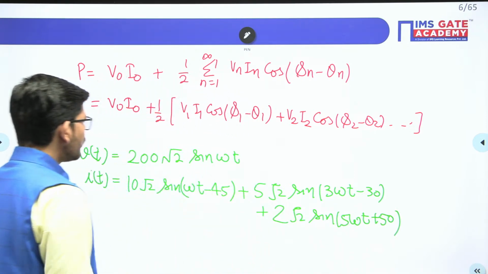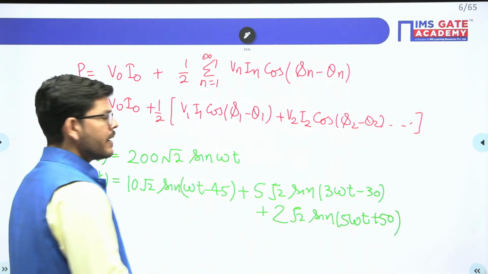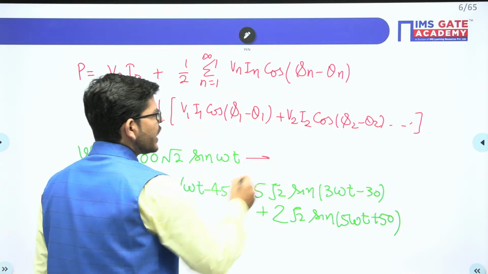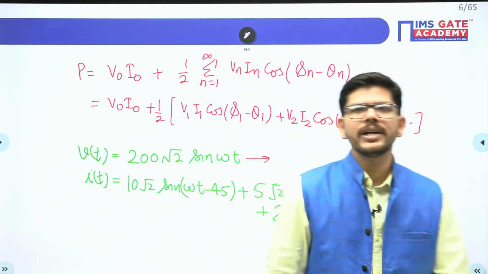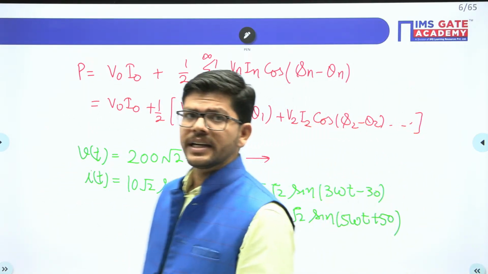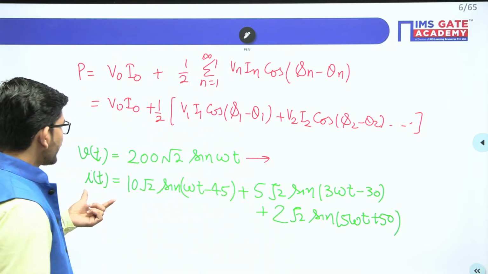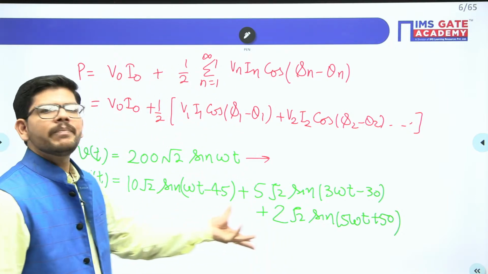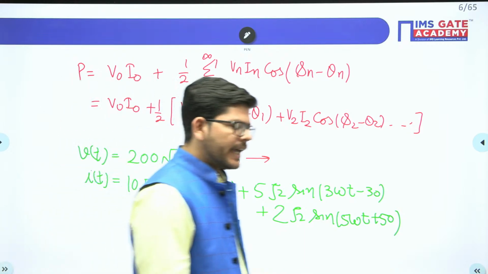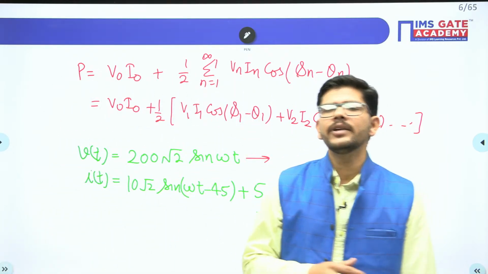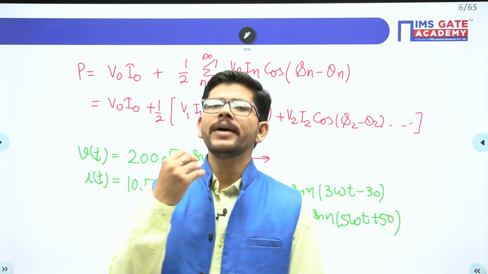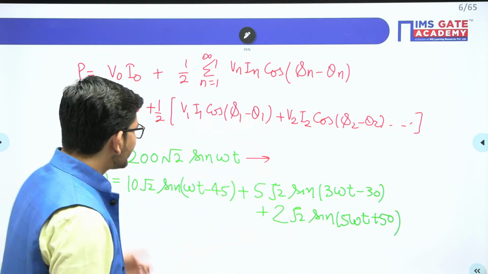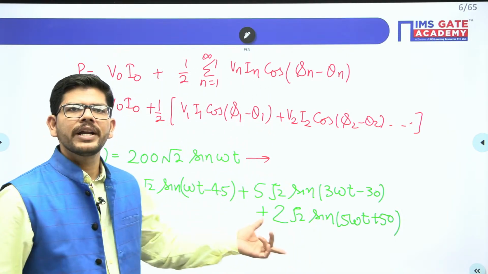So this is the voltage and current given to us. Okay. Now the voltage, as you can see, is a pure sinusoidal signal, isn't it? But the current has multiple sinusoids. So this may be the case when you give a perfect sinusoidal voltage to a non-linear load, then that load will produce this type of current. Okay.